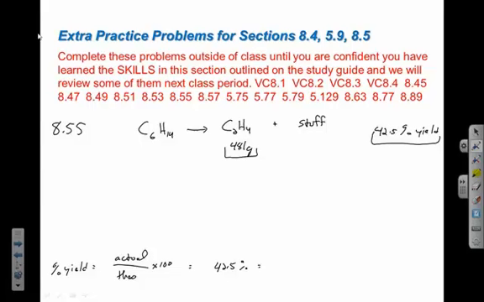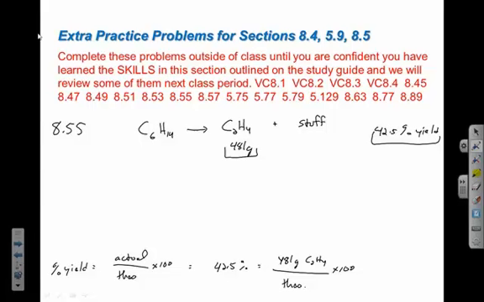The actual amount we want to make is 481 grams of the ethylene. And actually, I don't need that. What we're looking for here is the theoretical, because they're asking us how much hexane, how much of the C6H14, do we need to put in?